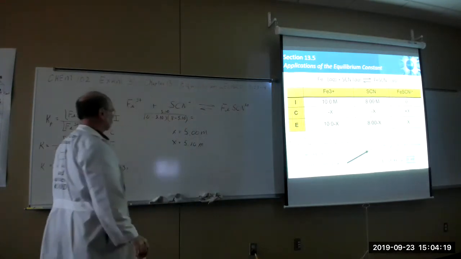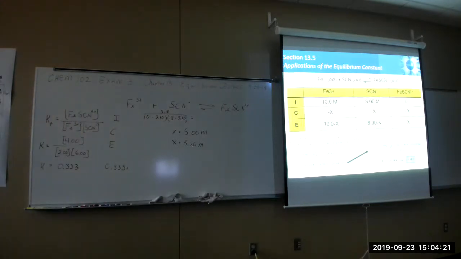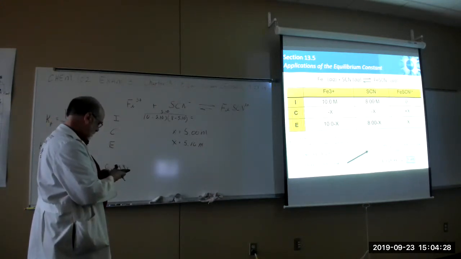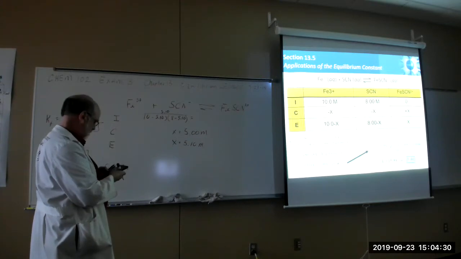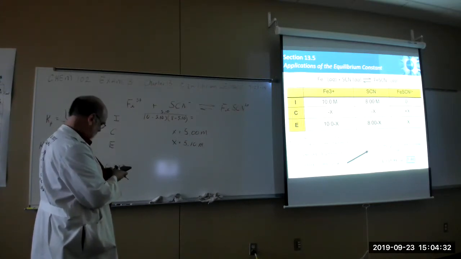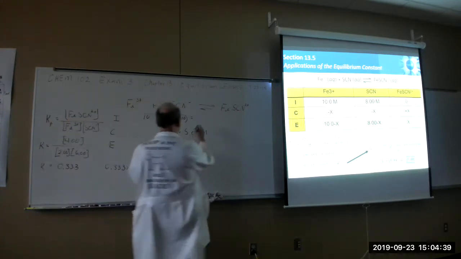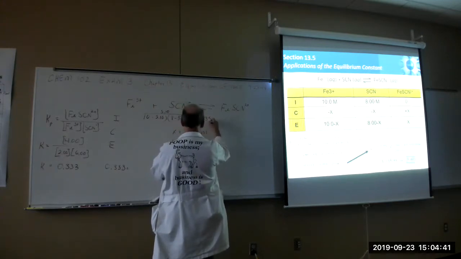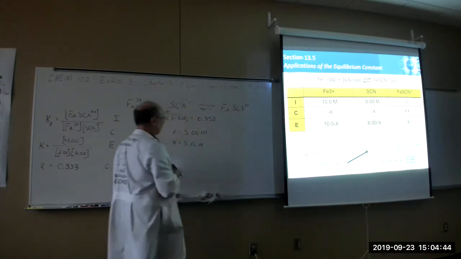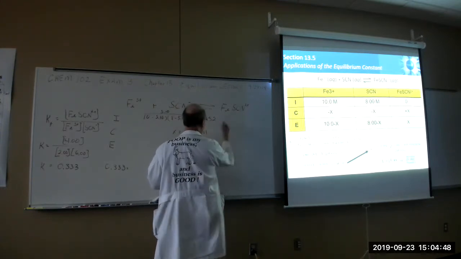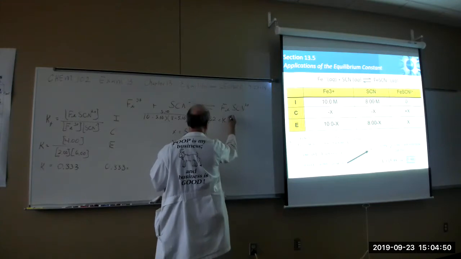Calculate that value. That would give us 0.352 as our calculated K, K prime.